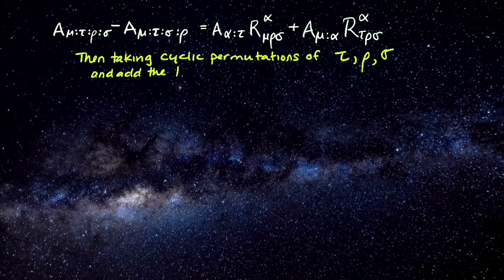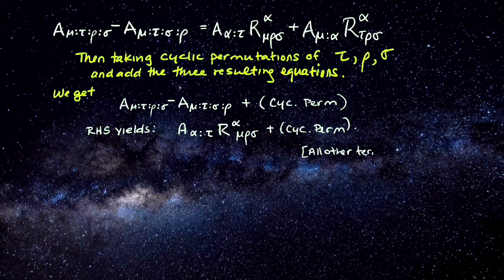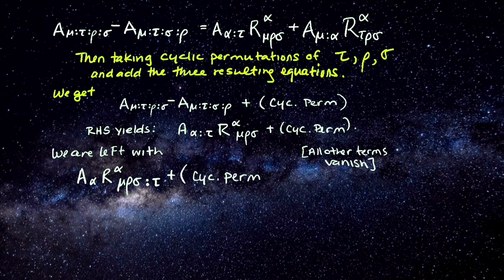Then what we can do is take cyclic permutations of tau, rho, and sigma and add the resulting equations together. This is a lot of index homework here, but sticking with it, you get the right-hand side to reveal this, plus the cyclic permutations with all other terms vanishing. And thus we get this equation to hold true.